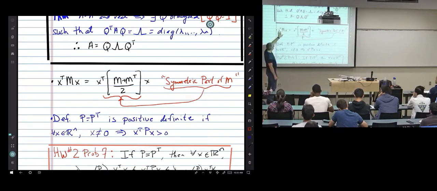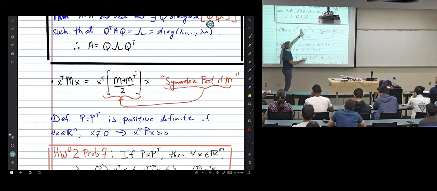And so this only depends on the symmetric part of M. Hence, whenever we write down a quadratic form, we never take anything except symmetric matrices. It is not more general to put in a general matrix because you just replace it with the matrix plus its transpose over 2. So you can always assume this is symmetric. Always symmetric, okay?